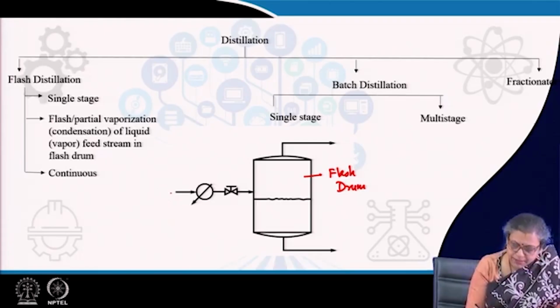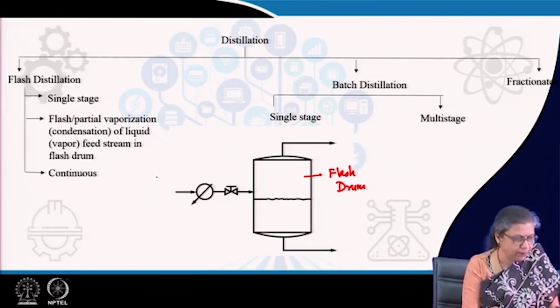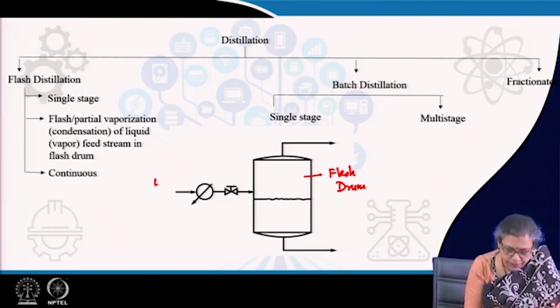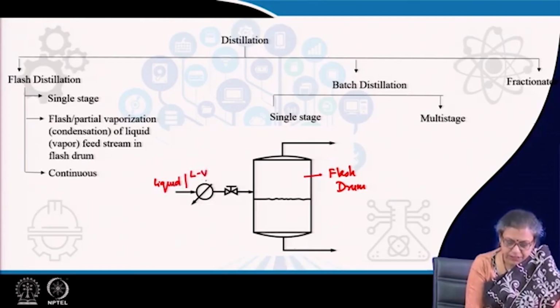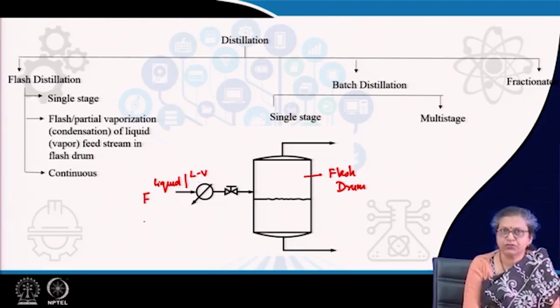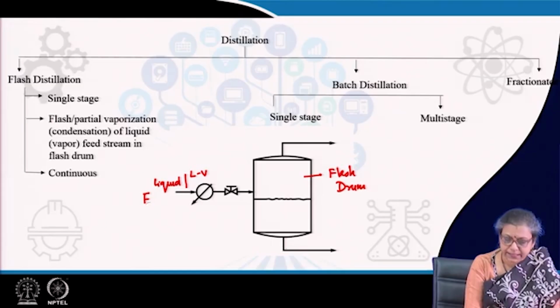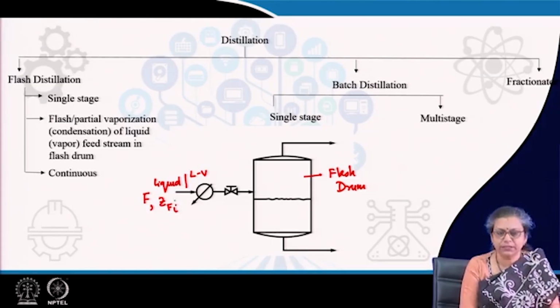Now, what happens in this particular flash drum, the liquid feed or the vapor feed, whatever it is, or the liquid-vapor mixture feed, can be introduced. Generally, we denote the feed flow rate as F, and the composition as ZF for each ith component.